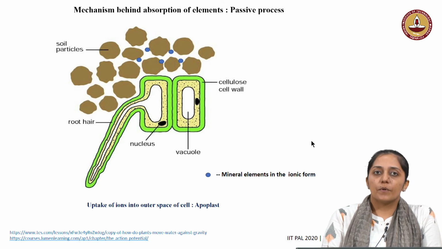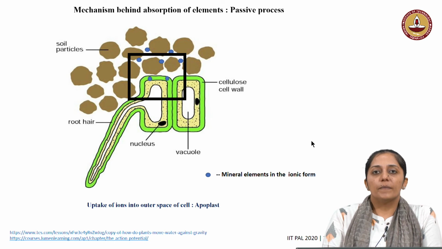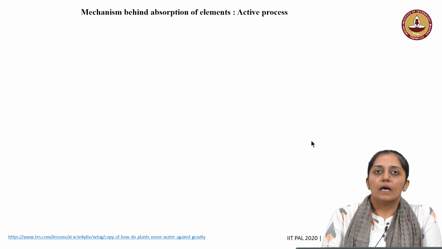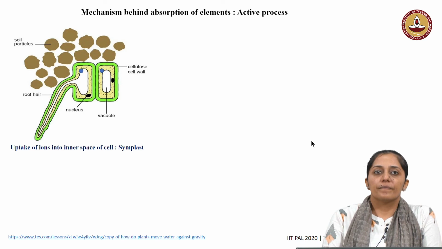One is a passive process, where mineral elements in their ionic form will be absorbed by the plant cells in the outer space, which is called the apoplast region. Another process by which the uptake happens is an active process, in which the uptake of ions happens till the inner space of the cell, which is called symplast.